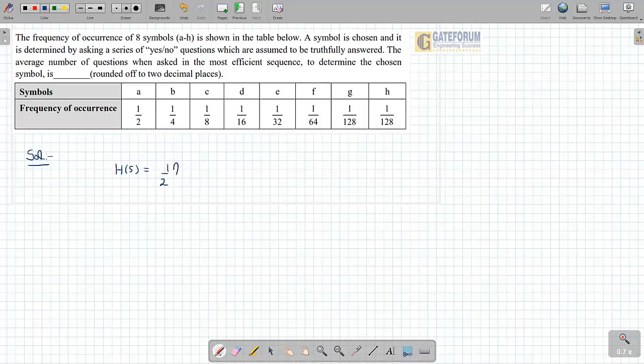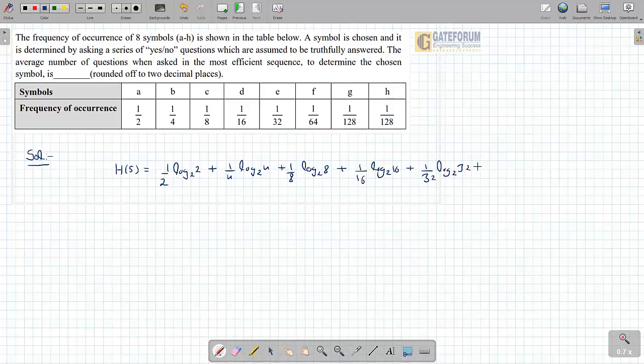So I can write this as 1/2 log 2 of 2 plus 1/4 log 2 of 4 plus 1/8 log 2 of 8 plus 1/16 log 2 of 16 and so on for the remaining symbols.